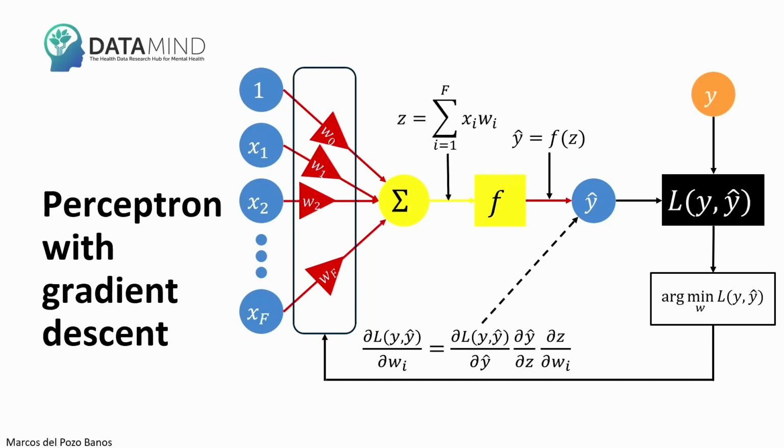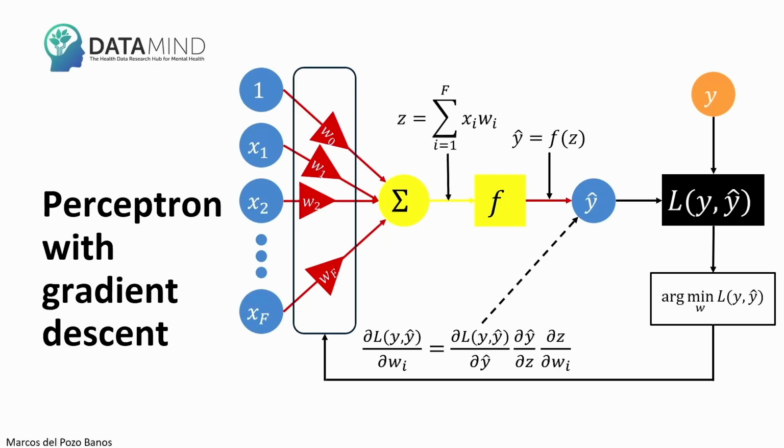And by applying the chain rule of the derivative, we know that the derivative of the loss with respect to W equals the derivative of the loss with respect to the predicted value, y hat, times the derivative of the predicted value with respect to Z, times the derivative of Z with respect to W. So, in a sense, the derivative is almost like traveling backwards through the perceptron.